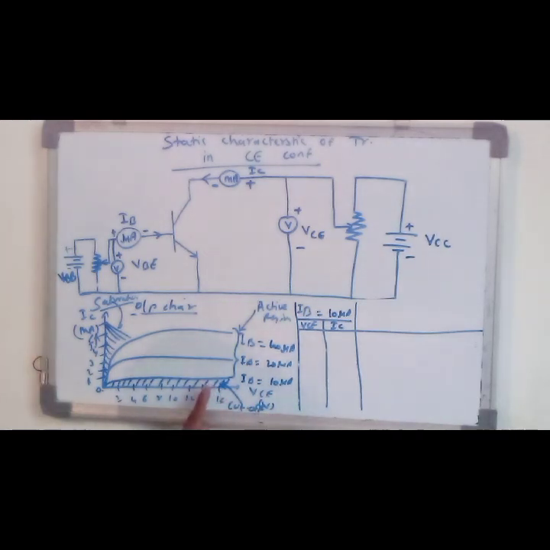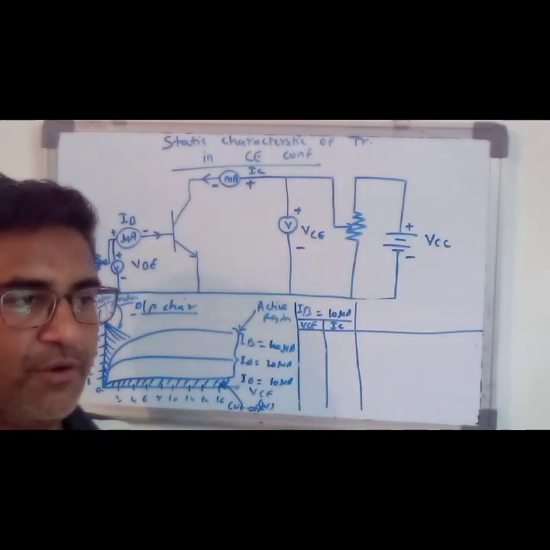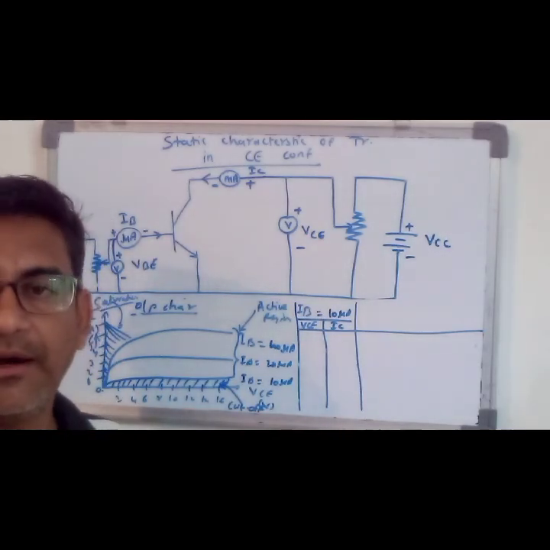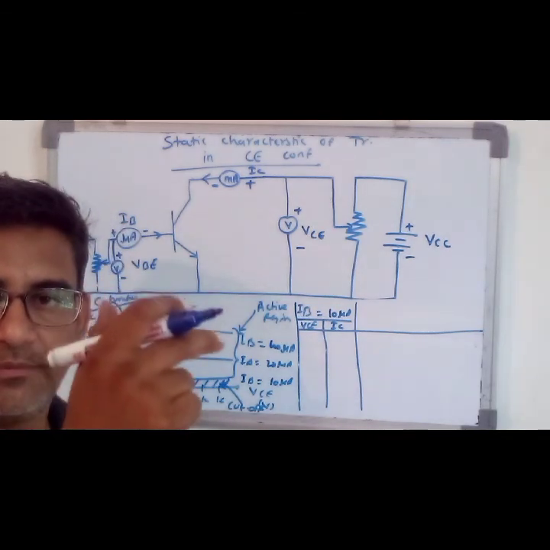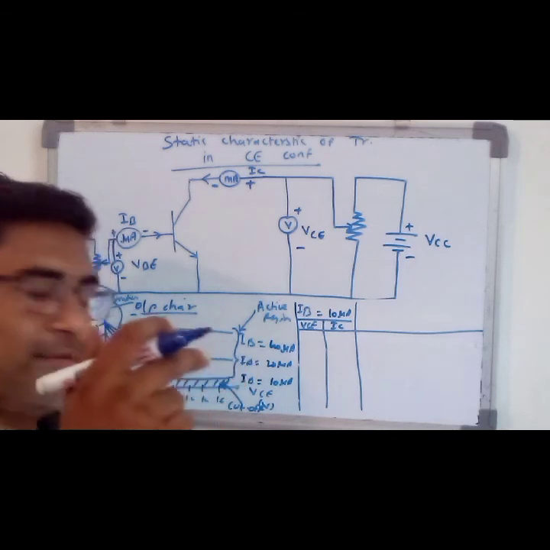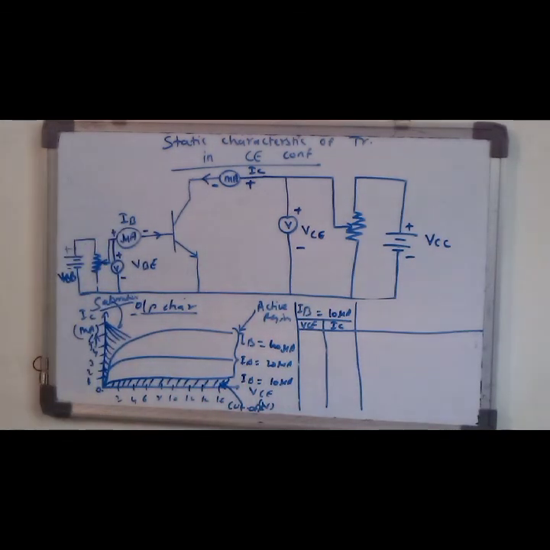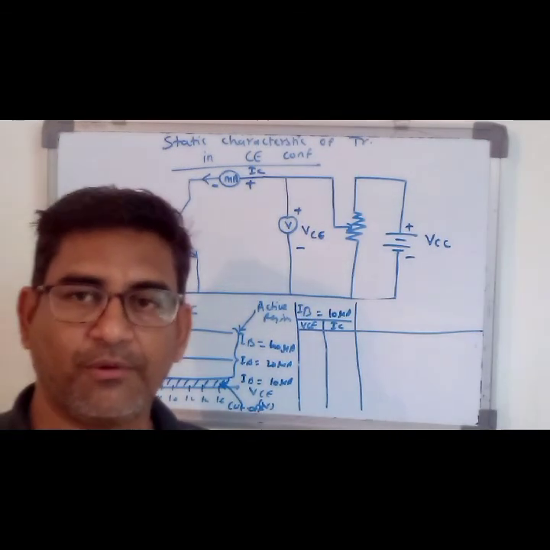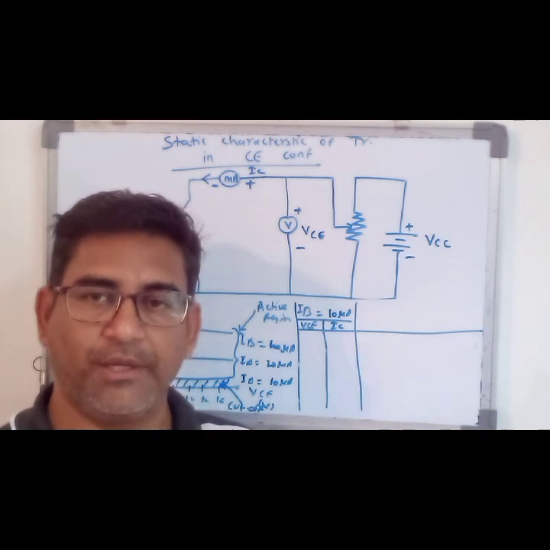The cutoff region lies below the curve, and that curve is indicated by a current starting from 0 to 10 microampere. Okay, so that value is considered. We are going to calculate the dynamic characteristics in the output, and also in the input.